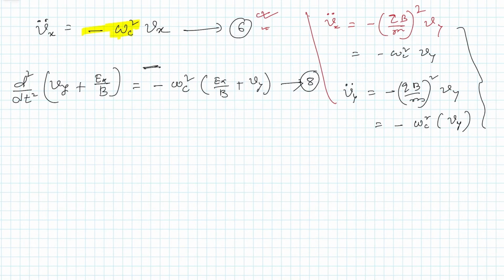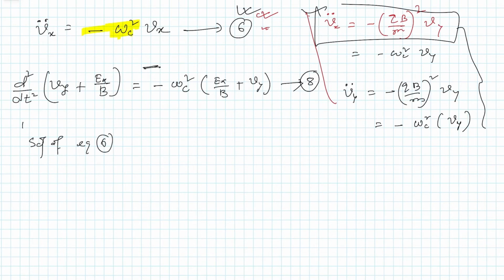So we had got these two equations, and those are nothing but equations of simple harmonic motion. That's why we had taken the solutions of this equation, and these two equations are exactly the same. So equation number 6, its solution can be written as Vx equals V perpendicular e to the power i omega c t.